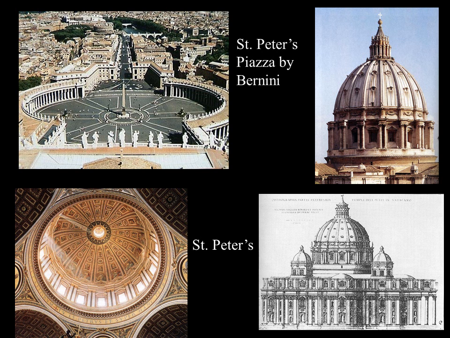Start looking at some of the architecture. This is St. Peter's Piazza at the Vatican. Absolutely fascinating. One of the neat things, if you look to the upper left, you can see all these columns here. If you stand right in the middle, you will see one single front row of columns, but you move to the side and realize that the columns go back about 4 or 5 rows behind them.